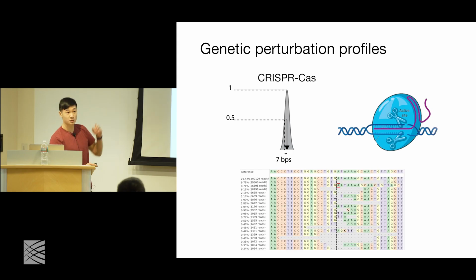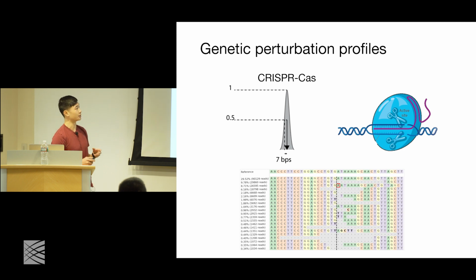And to start us off, I just want to talk about this idea of what a perturbation profile is. We're first going to look at genetic perturbation profiles, and I'm going to turn the attention to this allele frequency table down below. Essentially, this data is showing the proportions of different genetic mutations that arise when you introduce CRISPR-Cas9, something that introduces a double-strand break and results in a variety of different indel mutations in the genome.